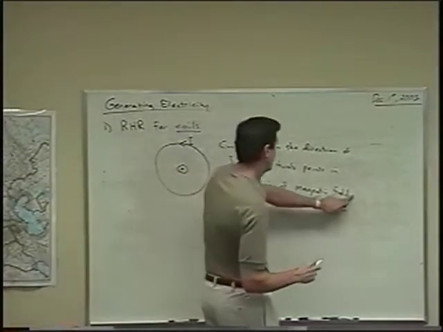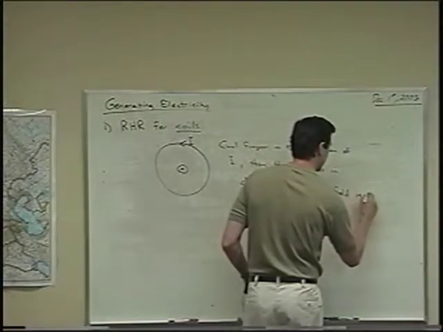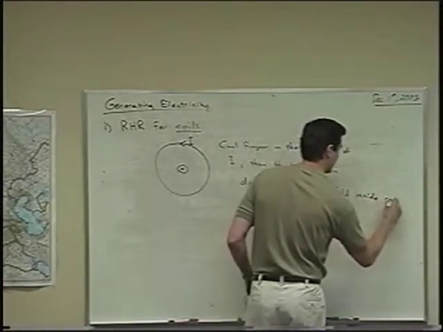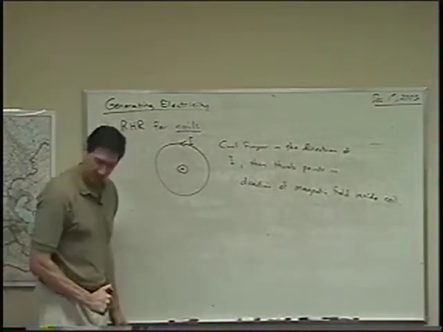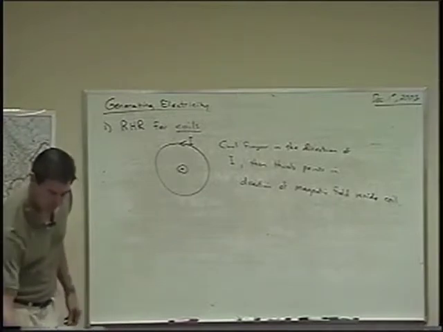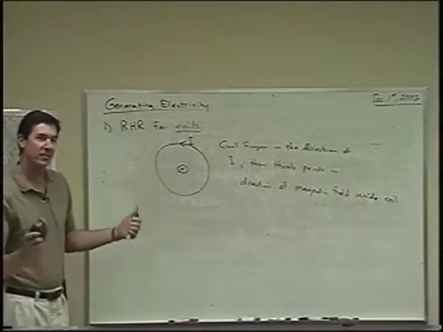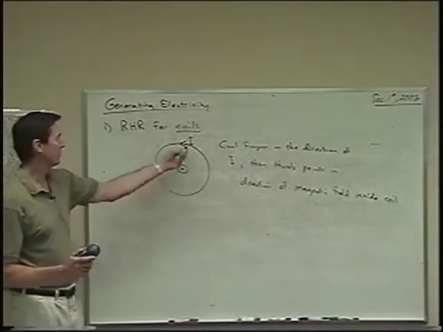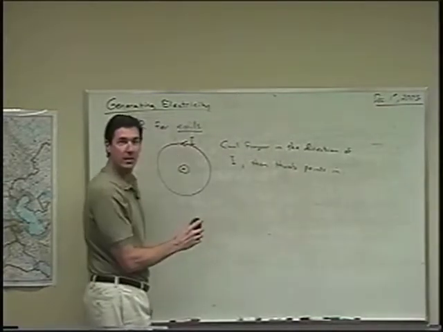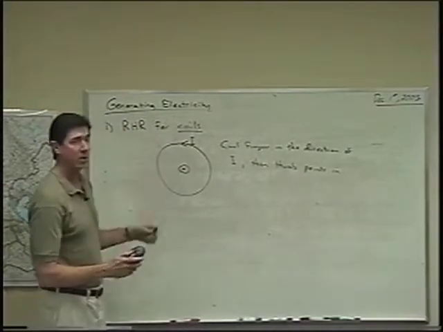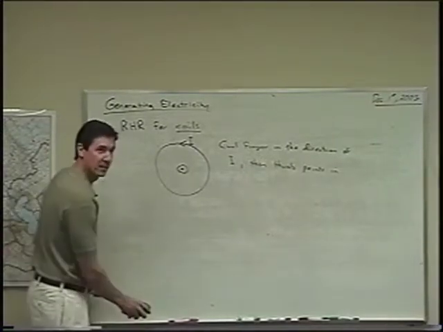I should say magnetic field inside coil. Make that more explicit. So that's just an easier right-hand rule to use for coils. Does that work for anything else, or does it just work for coils? No, just for coils. Oh, uh-oh. I erased too fast?